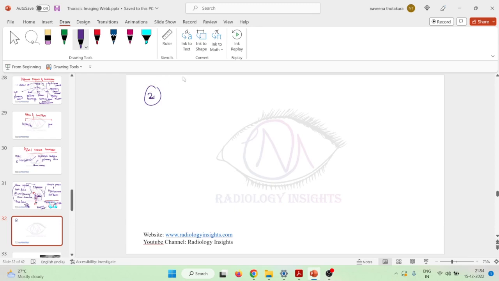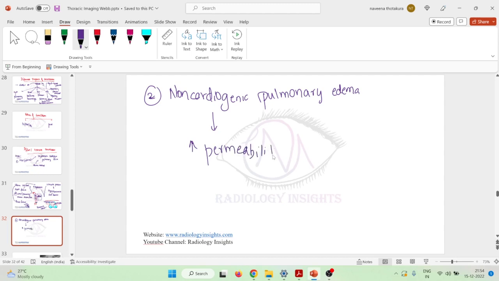Second cause is non-cardiogenic pulmonary edema. How does this occur? In non-cardiogenic pulmonary edema, the main thing that occurs is increased permeability. Why is there this increased permeability? We'll see.